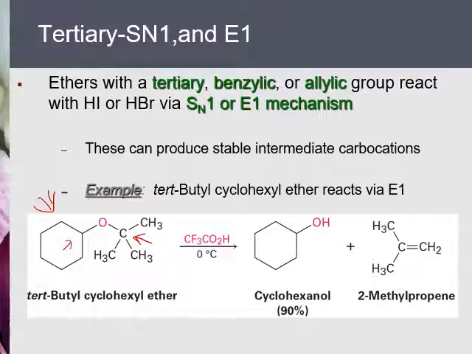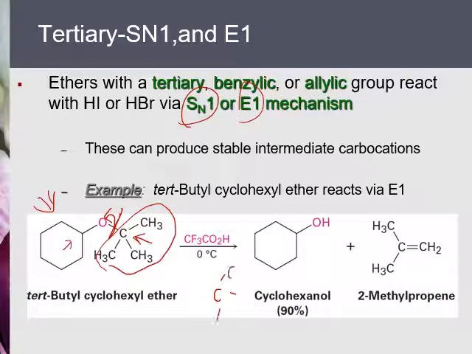Under acidic condition, the molecule undergoes SN1 or E1 elimination. So the carbon-oxygen bond breaks, the two electrons go to oxygen, and the right side becomes a carbocation. And the left side oxygen combined with the alkyl group gives you the alcohol.